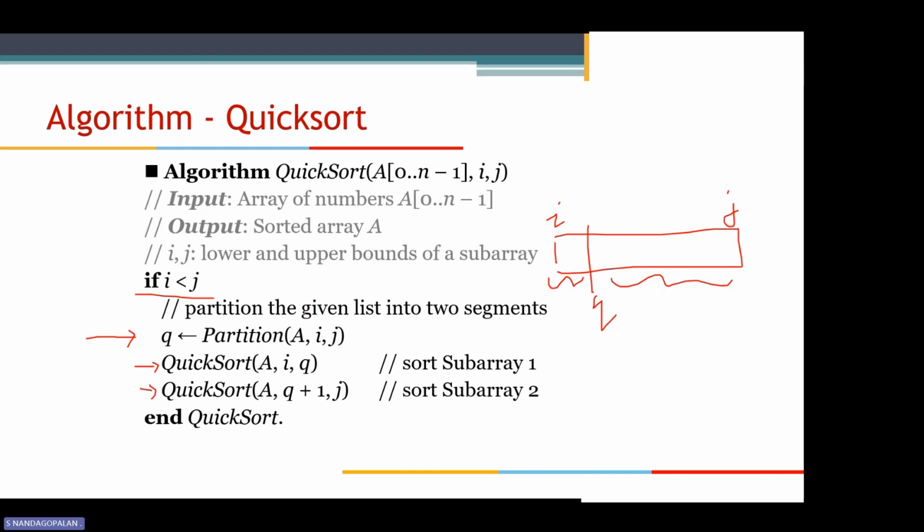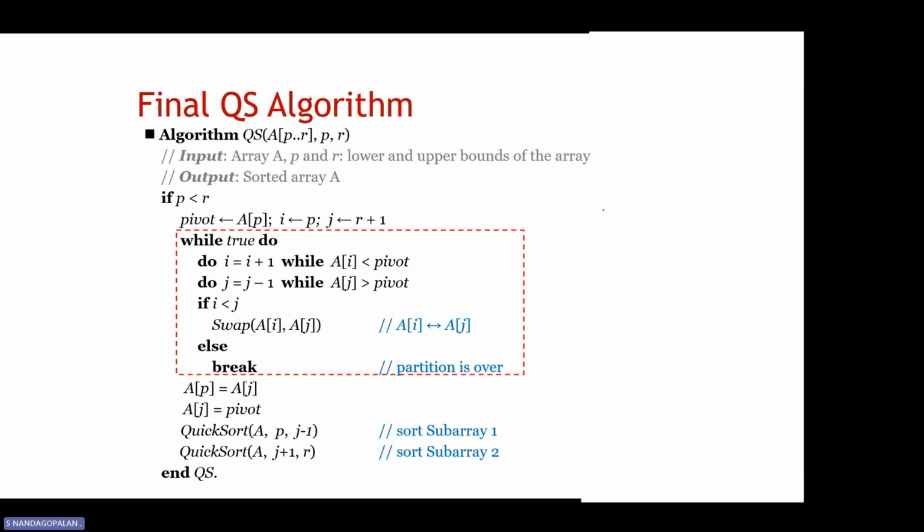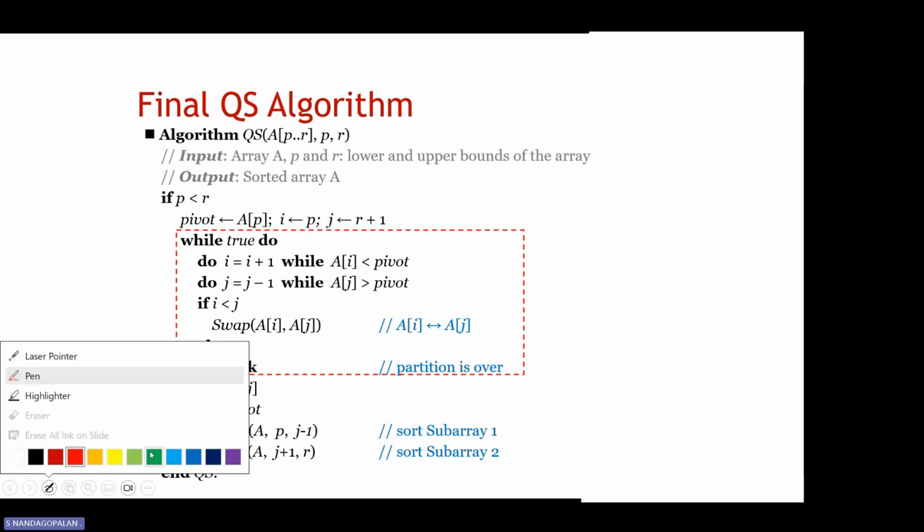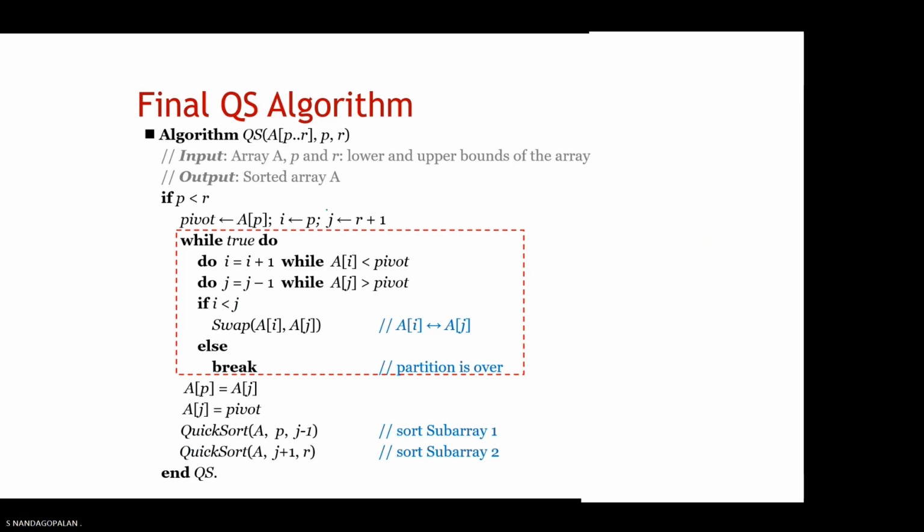And now we have to worry about how to partition. As I've already explained with the example, now we have to have an algorithm for this. Recall i and j moving from left to right and right to left, comparison, all that. This is the complete algorithm for that. Let's use the positional variables, or the local variables, as p and r parameters.